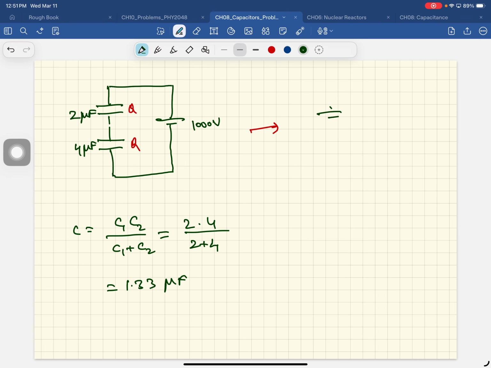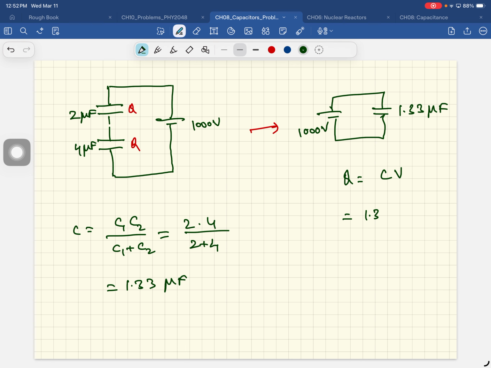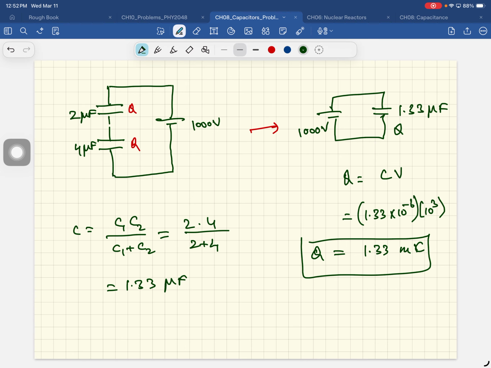So this is equivalent to... Q is C times V. So the charge on this is Q, and that's the same charge on each of these.